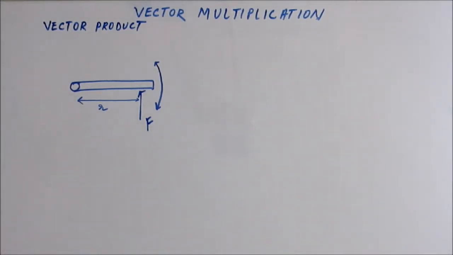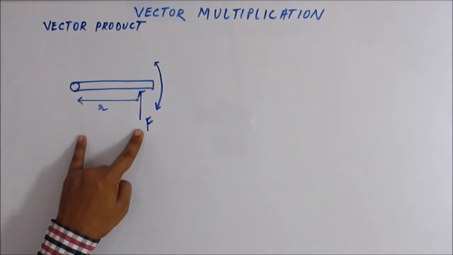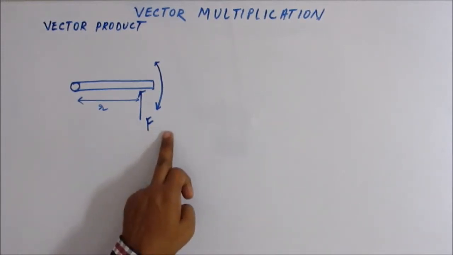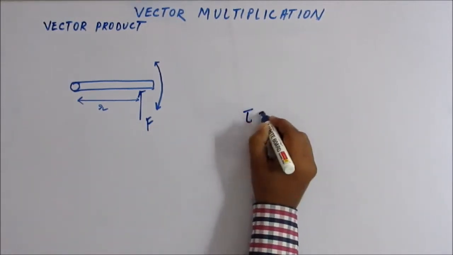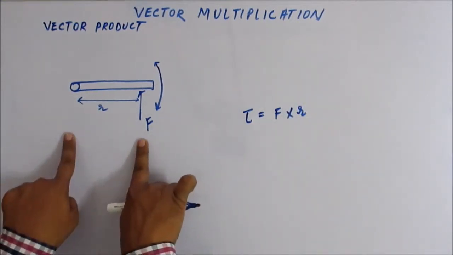Because there's a thing called torque. And that torque is force into the perpendicular distance from the hinge. Now, when the perpendicular distance increases, the torque increases. Torque, represented by tau, is force into the perpendicular distance from the hinge.